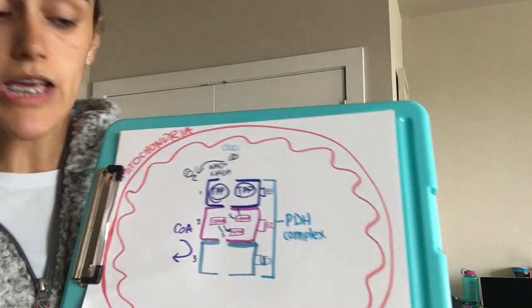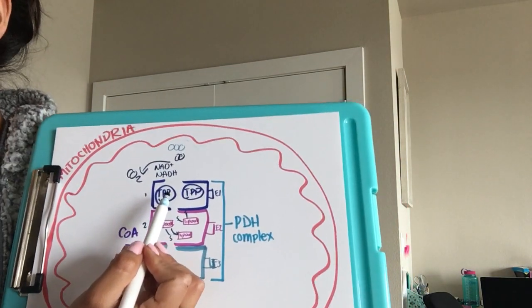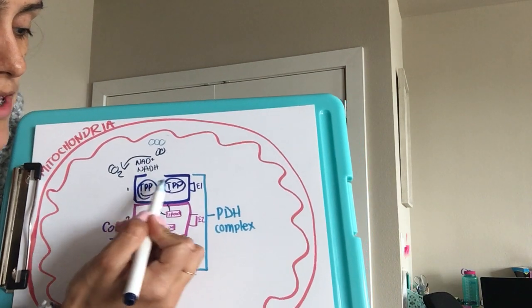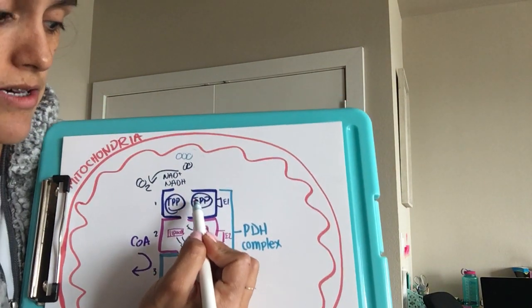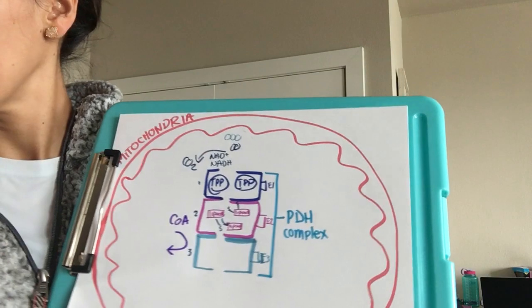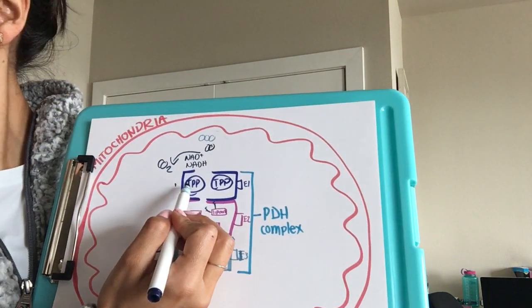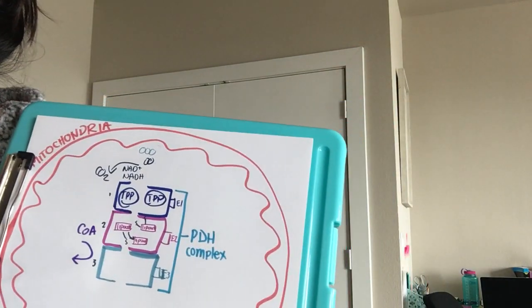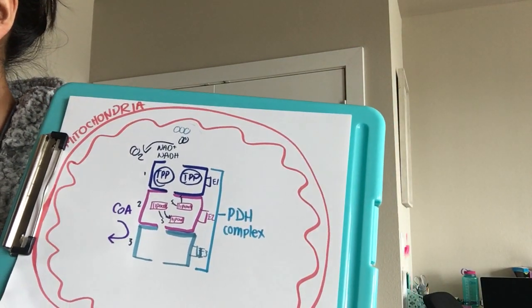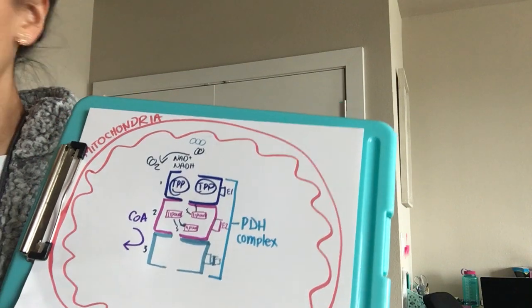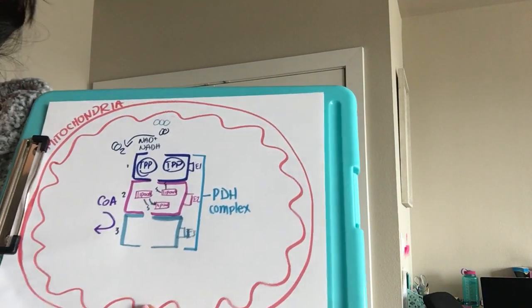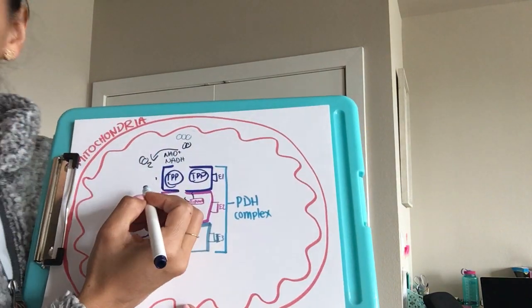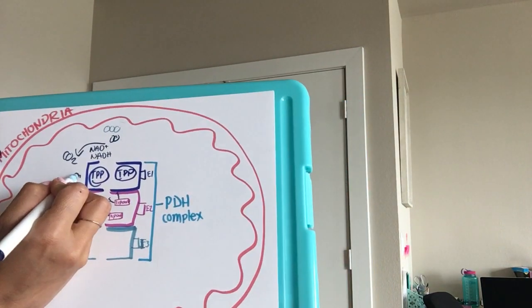This is crucial because it binds to 2 phosphates, creating TPP. TPP is a thiamine pyrophosphate molecule. This reacts with pyruvate, and a carbon is removed, leaving 2-carbon acetyl groups.